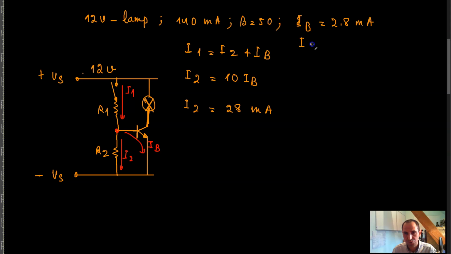So I of 2 would be equal to 28 milliamps, right? And therefore I of 1 would be equal to I of 2, which is 28 milliamps, plus I of B, which is 2.8 milliamps.